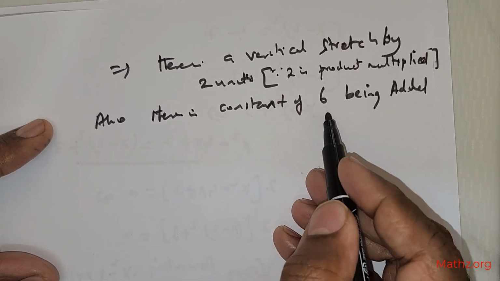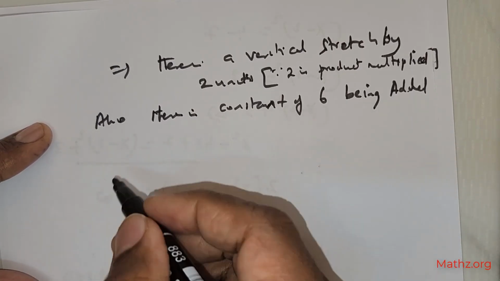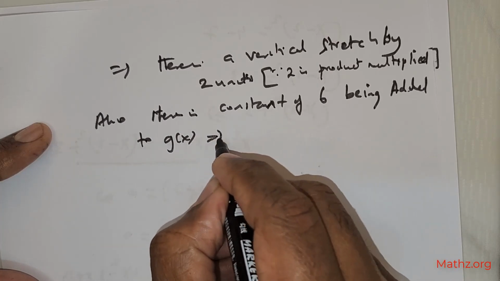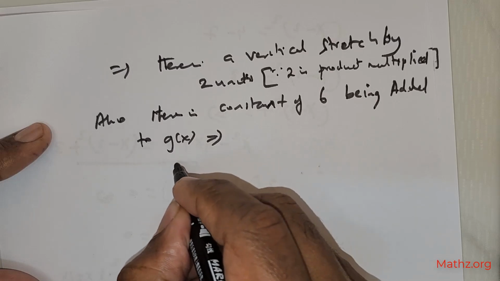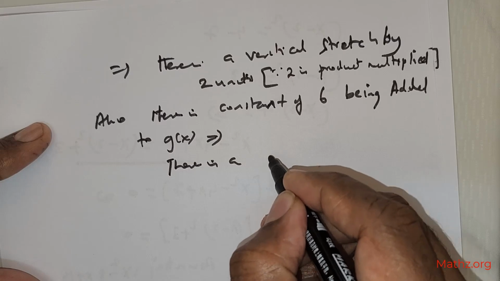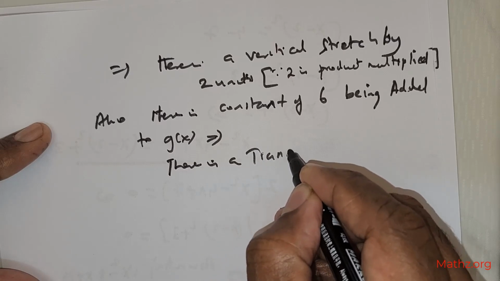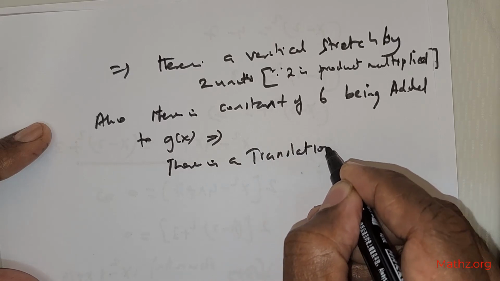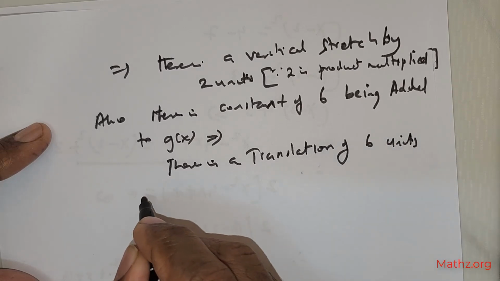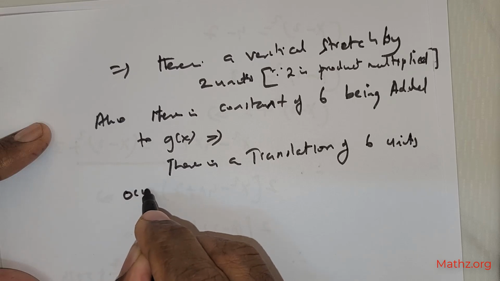Over here also there is a constant of 6 being added to g of x. Okay, this means there is a translation of 6 units occurring.